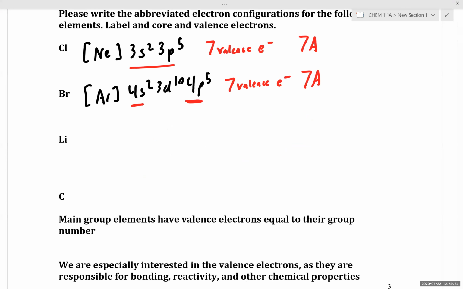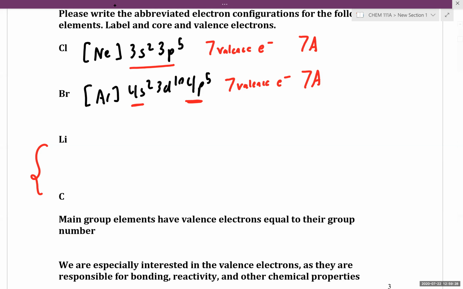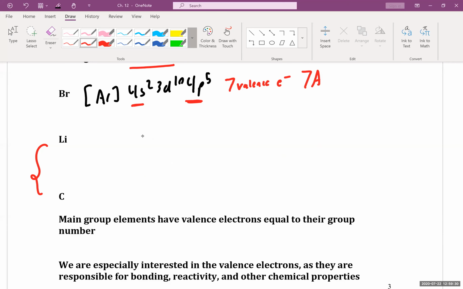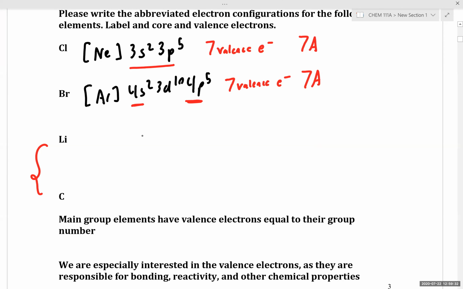What I want everyone to do is to take a moment and try to write out the abbreviated electron configurations for lithium and carbon and identify the valence electrons. Let's take about 3 minutes to work on this example, and then we'll come together as a group to discuss.